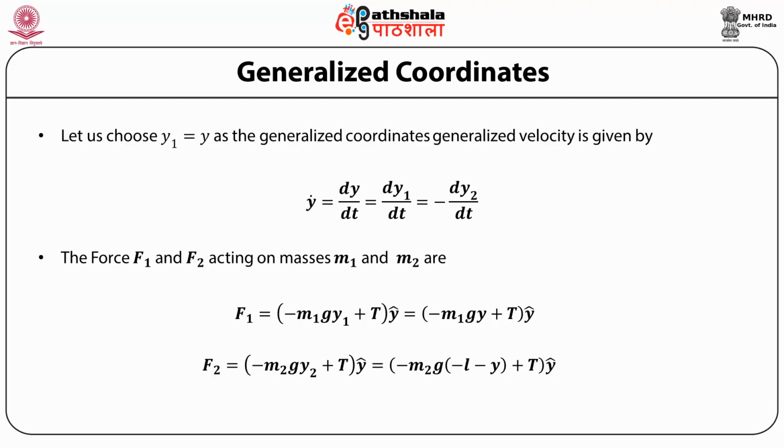Because we have chosen y as the generalized coordinate equal to y1, F1 is equal to minus m1 g plus T along the direction of y, and F2 is equal to minus m2 g plus T along the direction y, which is given as minus m2 g minus L minus y plus dy. So the generalized forces can then be obtained from the forces F1 and F2 acting on them.